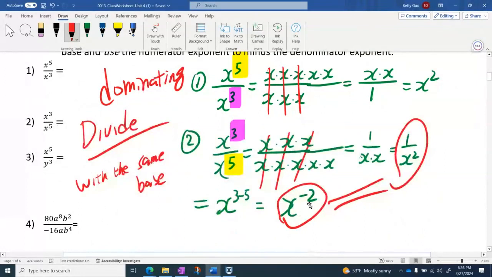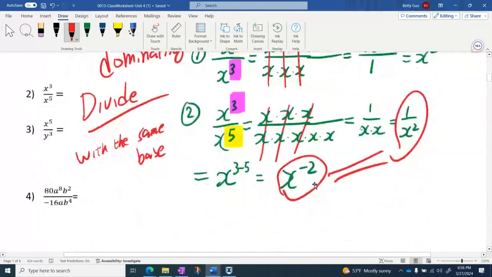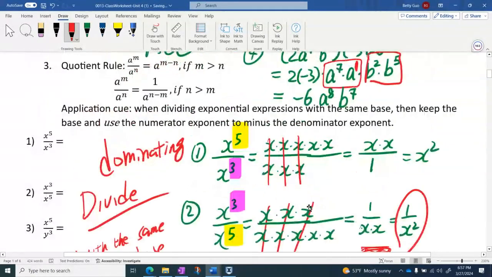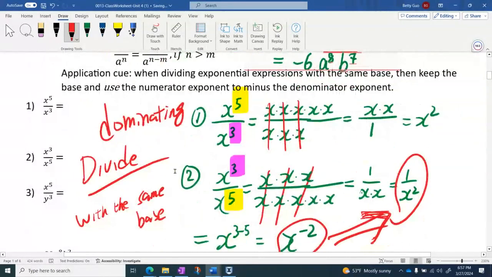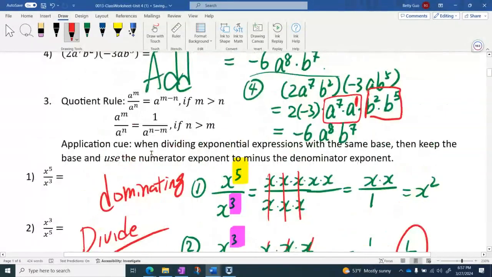Sometimes you might have a negative exponent, and later we're going to learn a new formula that could help us get rid of the negative exponent. If you want to avoid having a negative exponent, then you use a different version of this rule.